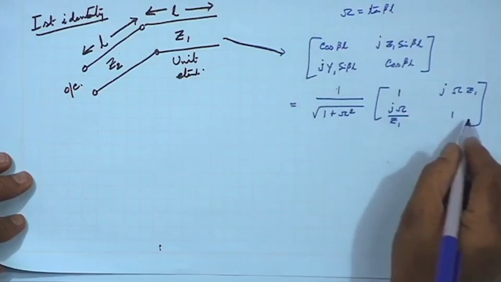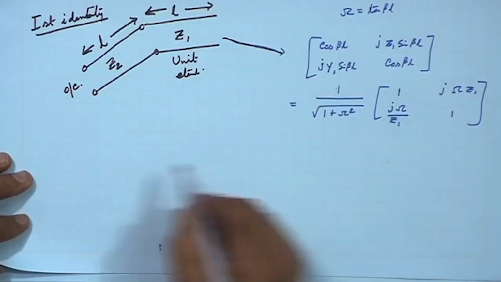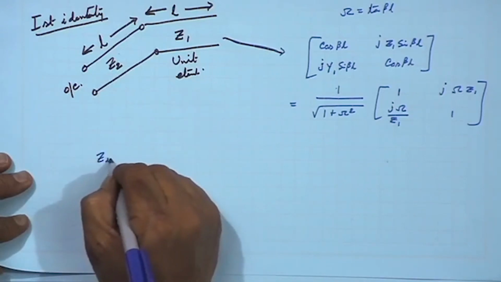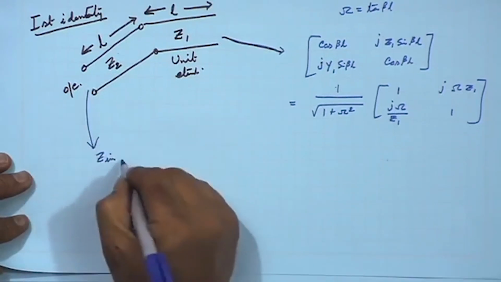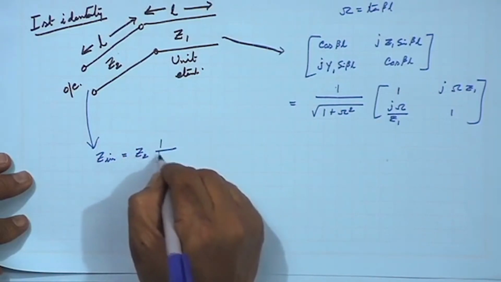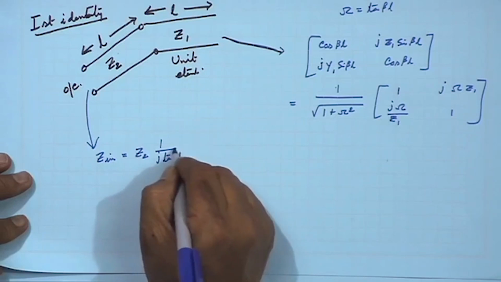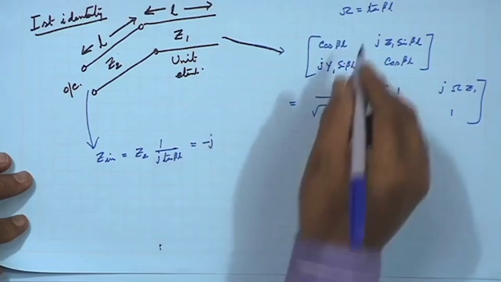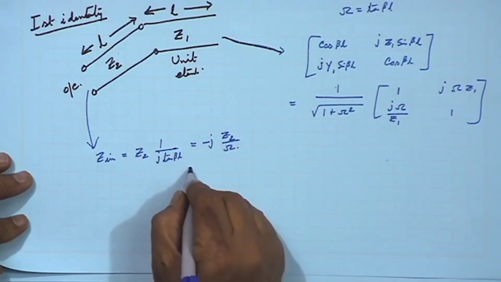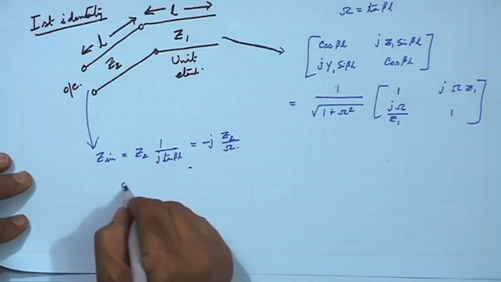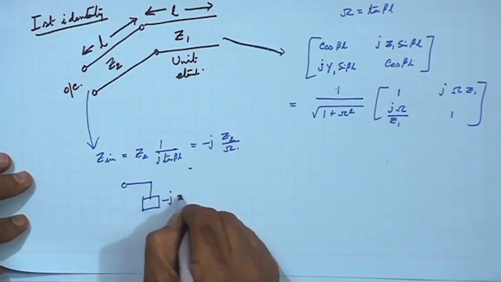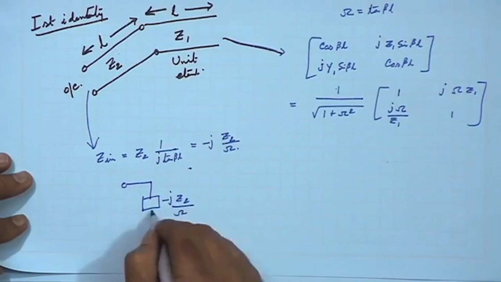With this I can write it in this form. Also, this open circuited stub, what is its input impedance? That I can write as Z2 by j tan beta L, and in terms of this, it is minus j Z2 by omega.